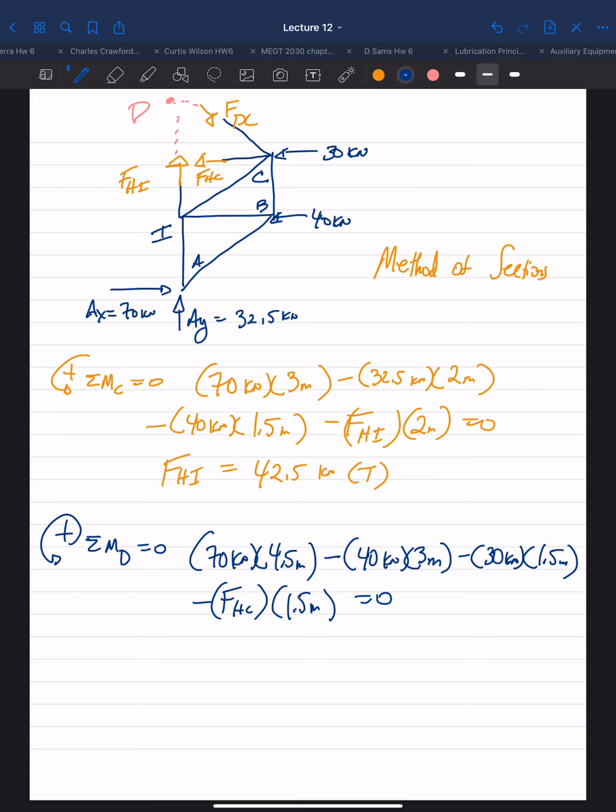Solve for FHC. You get 100 kilonewtons in tension.